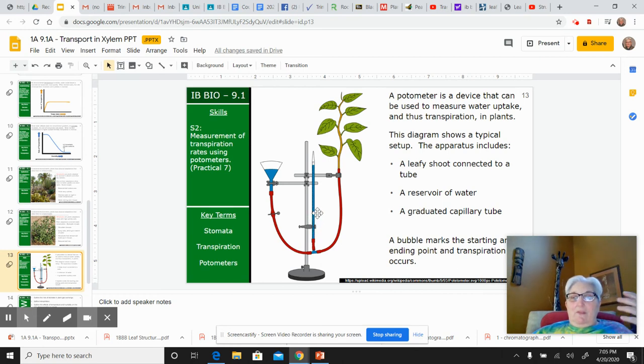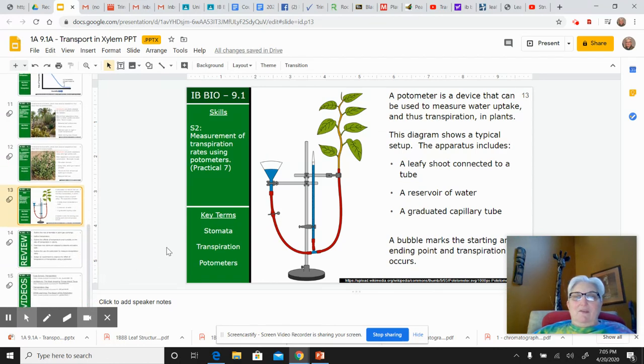We can start with a bubble and see where that bubble transfers to, or we can put food coloring or something like that here in the water reservoir, and we would watch the change in color, and that would give us a good indicator, rather than trying to follow the bubble. That a lot of times is one of the better things for us to do.